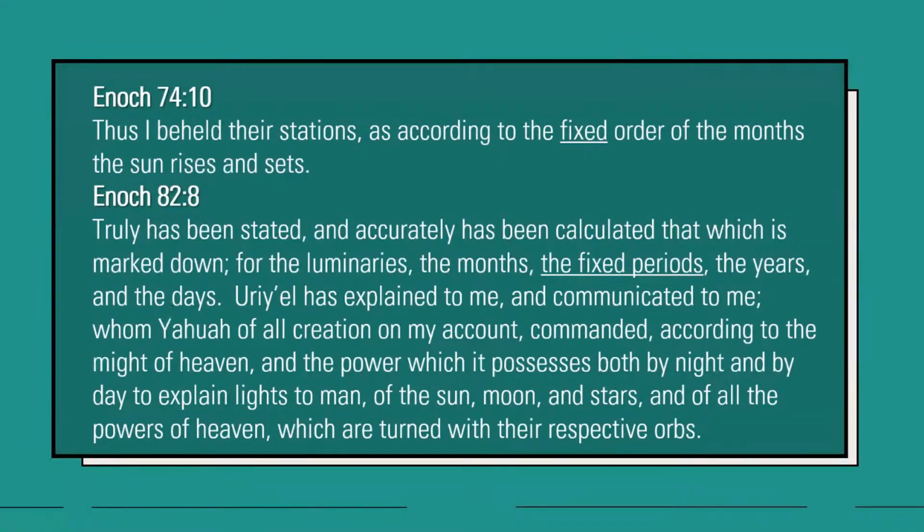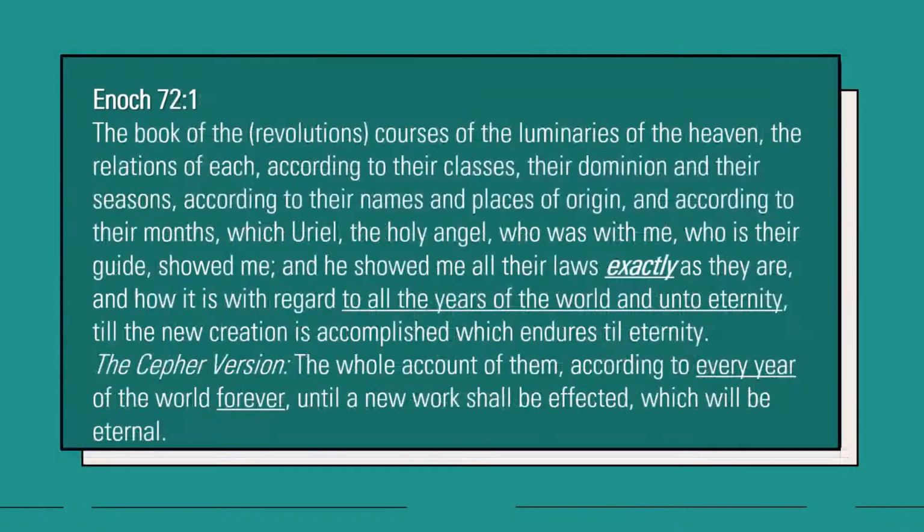We're not having a procession of the stars for the equinox. Think about that. Is Enoch lying to us? I don't think so. All right. Enoch 72.